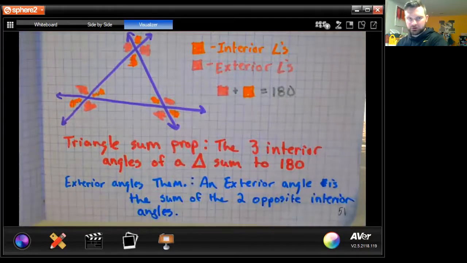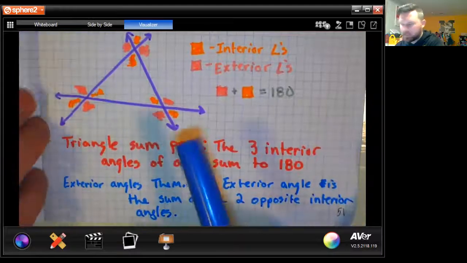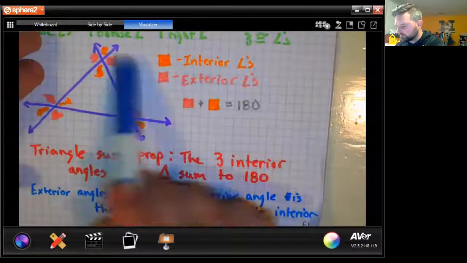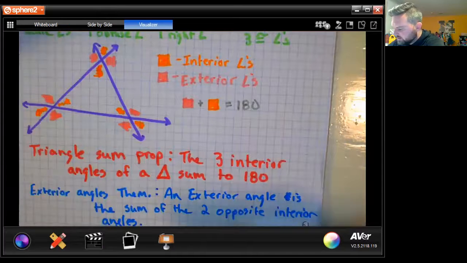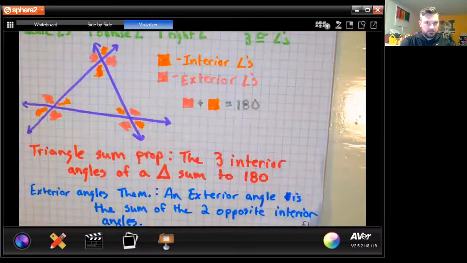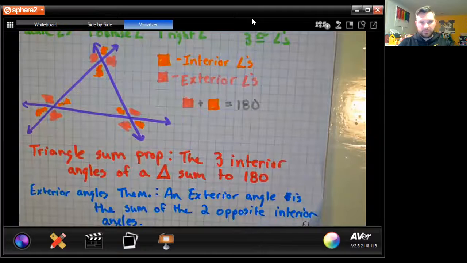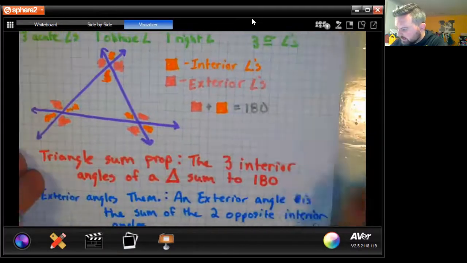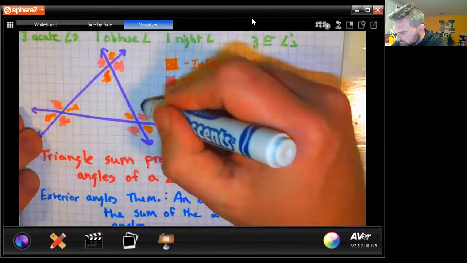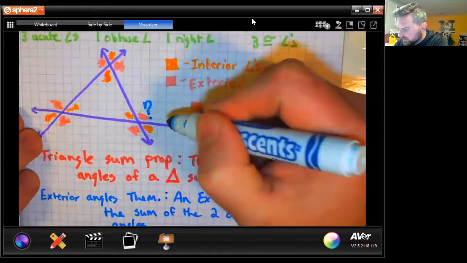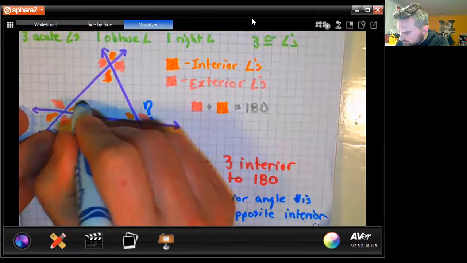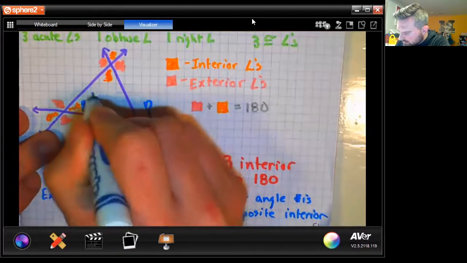Okay, so I'm gonna draw that up here, but I'm also gonna use this. Okay, so if I want to find this exterior angle, I want to find this angle right here. It equals this angle plus this angle.